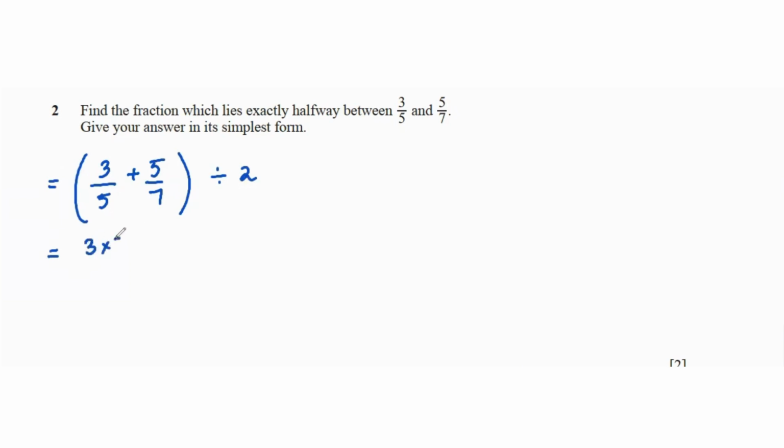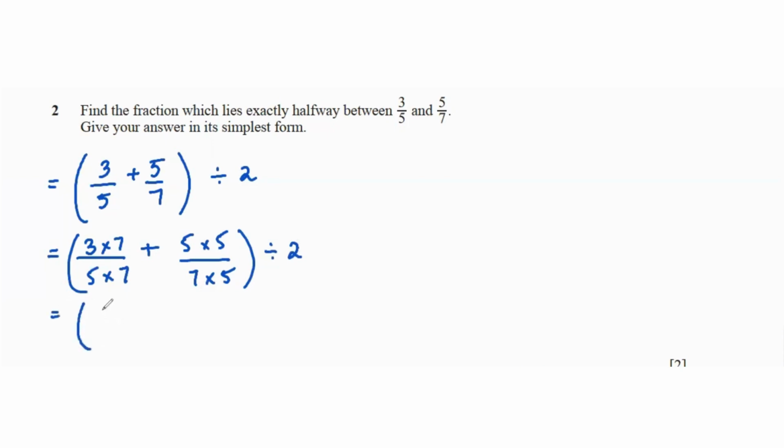You multiply 3 by 7 and 5 by 7, and you multiply 5 by 5 and 7 by 5, divided by 2. That's going to be 21 over 35 plus 25 over 35.